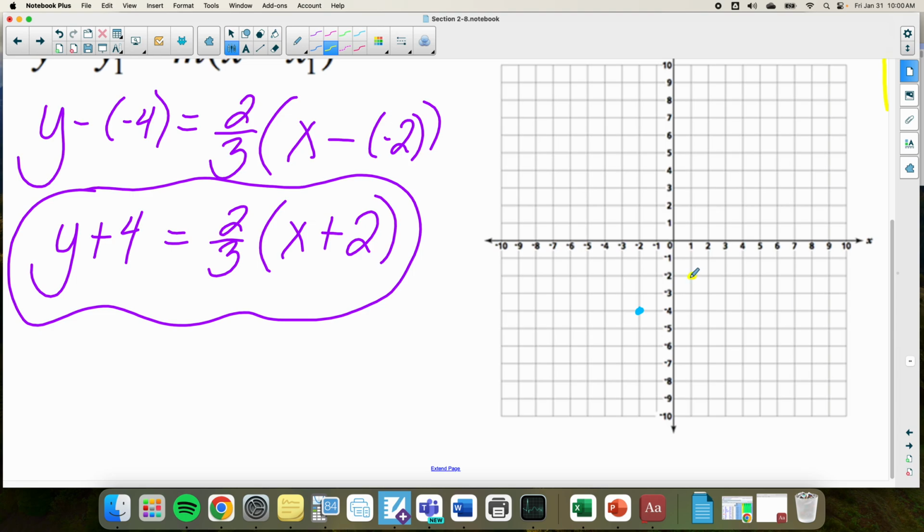Now, I'm super picky about my graphs, so I don't just want you to plot 2 points. I want you to keep going up 2, right 3, up 2, right 3, up 2, right 3. And then I have rulers up here that when you do your assignment today, you can borrow, okay? And then you're gonna use a ruler to draw the line, okay?